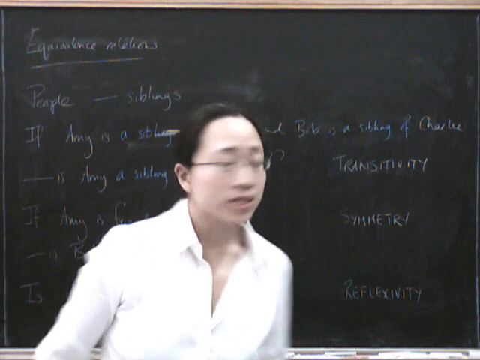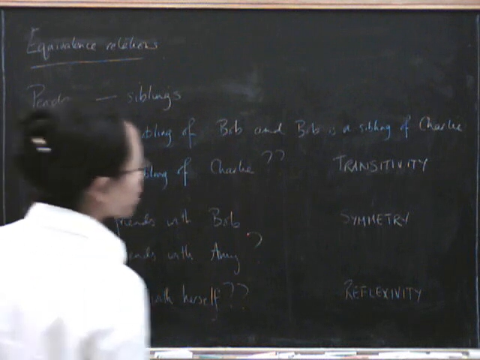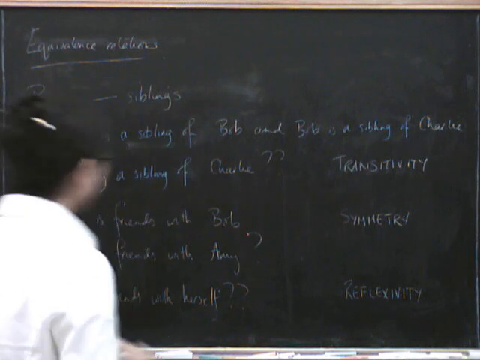Well, yeah, that really is true, isn't it? Because if Amy and Bob are siblings, and Bob and Charlie are siblings, Amy hasn't got no choice, she really is a sibling of Charlie.